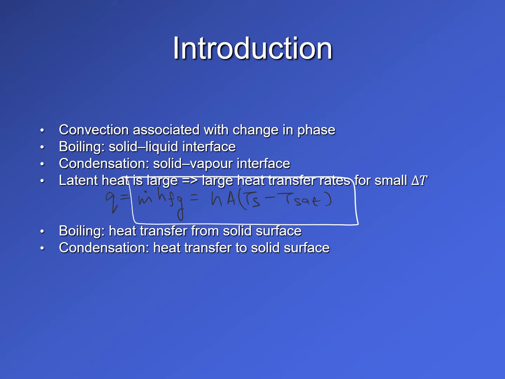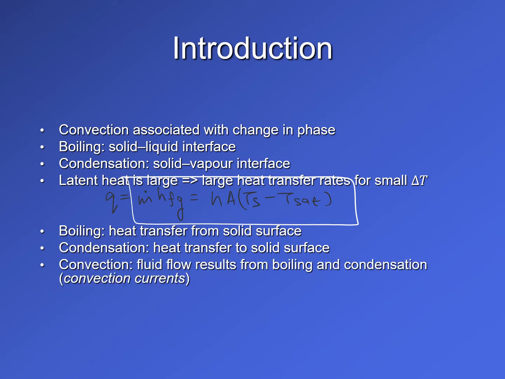Okay, so in boiling heat transfer happens from a solid surface, whereas in condensation the heat transfer happens to a solid surface from the vapor. Now where is convection coming into the picture in this situation? The fluid flow in this case results from the boiling and condensation phenomena. For example, in boiling, when a vapor bubble is formed at the surface of the hot solid, this vapor bubble will tend to rise because of buoyancy.